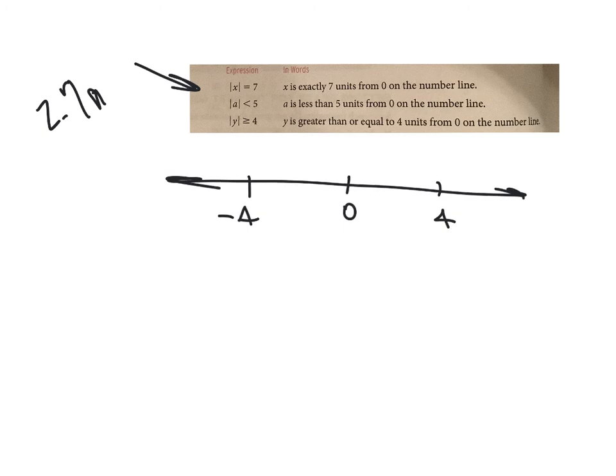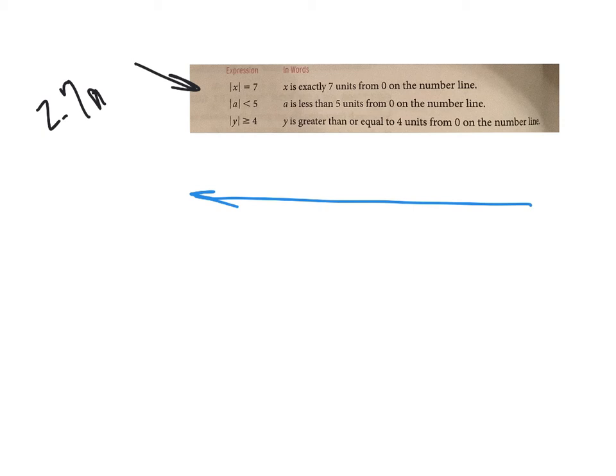Okay, so before we move on, let's do something else with this first one, the absolute value of a is less than 5, which again means that a is less than 5 units away from -5 as well as 5. So if it's less than 5 units away, it's going to be here, and it's going to be less than 5 units from this 5.